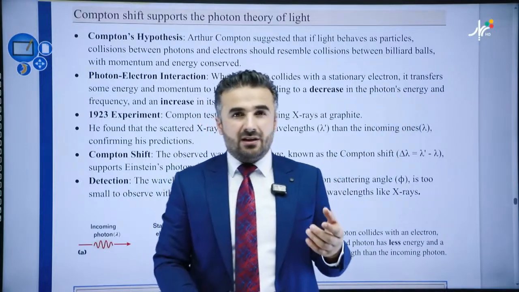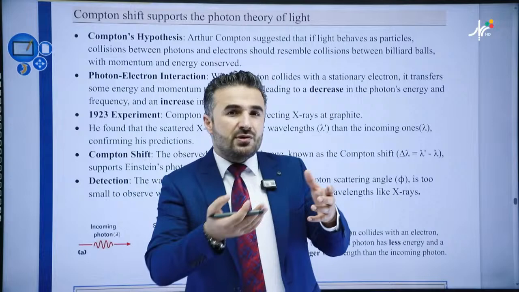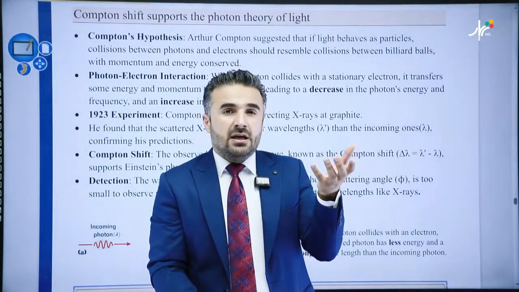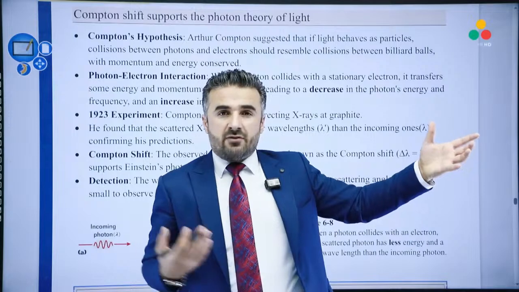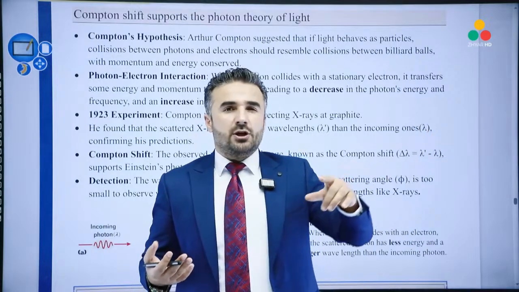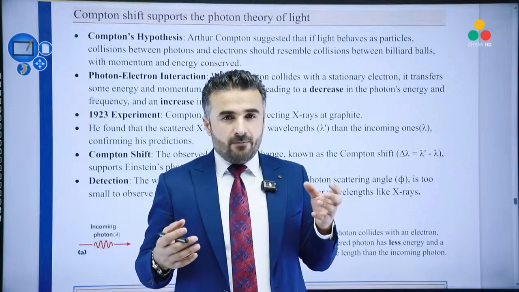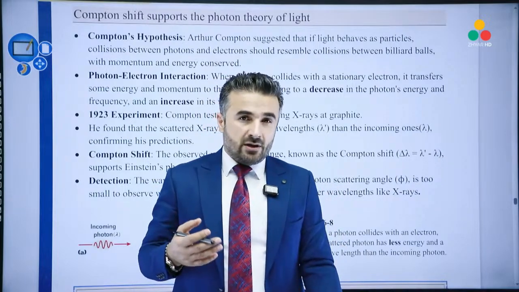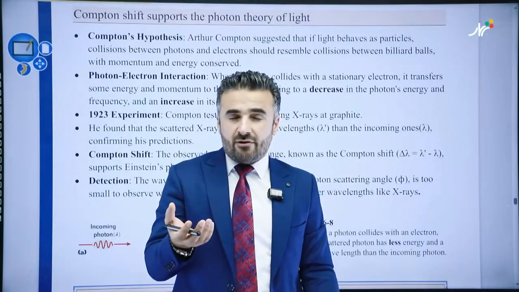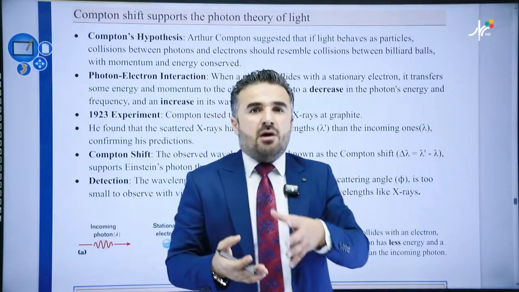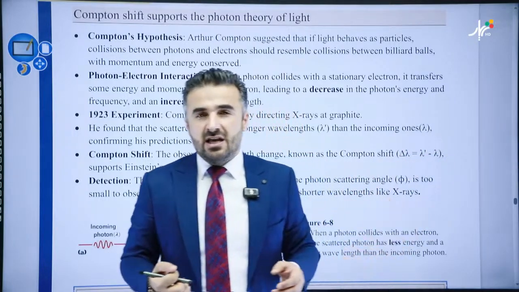So if it loses energy, the frequency will be lower. What happens to the wavelength of that photon? Frequency and wavelength are inversely proportional, so if the frequency is lower, the wavelength of that photon will be longer, meaning it has lost part of its energy.